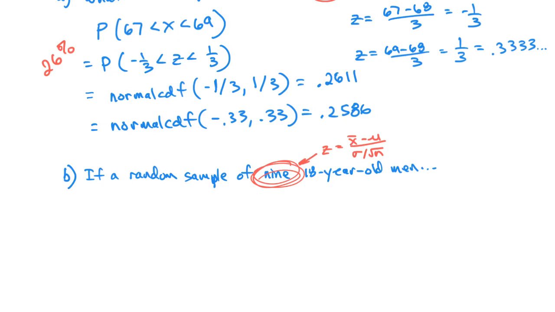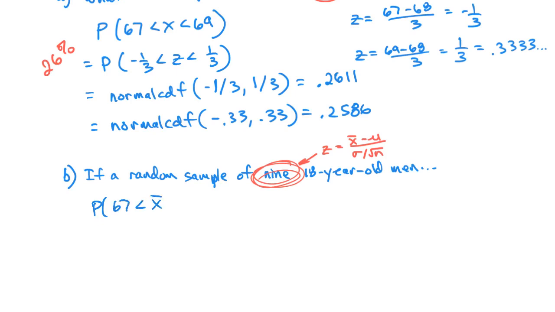So that's what we have to be aware of. If we're talking about the probability of one thing, this is like the trout problem too, so you've got two examples of this now to look at. One thing, we use our old z-score. A sample of 9, we need our new z-score. So it's asking us the same question basically. It's saying what is the probability of 67, but not x.